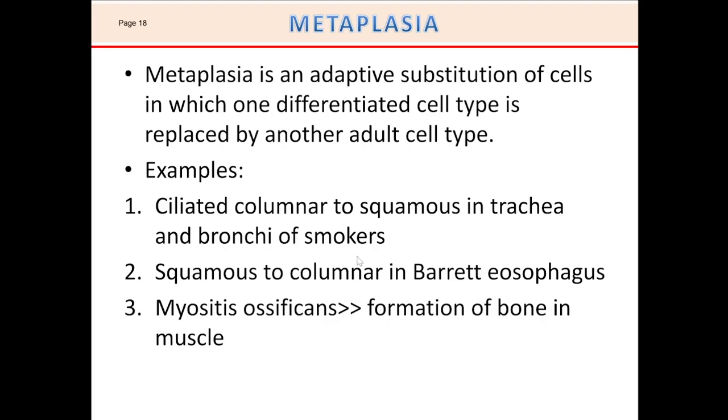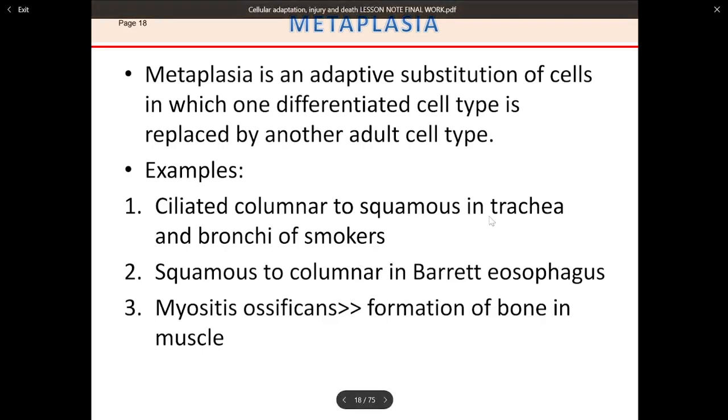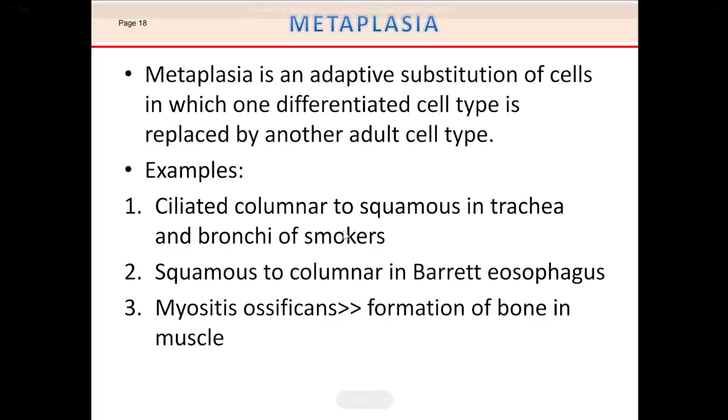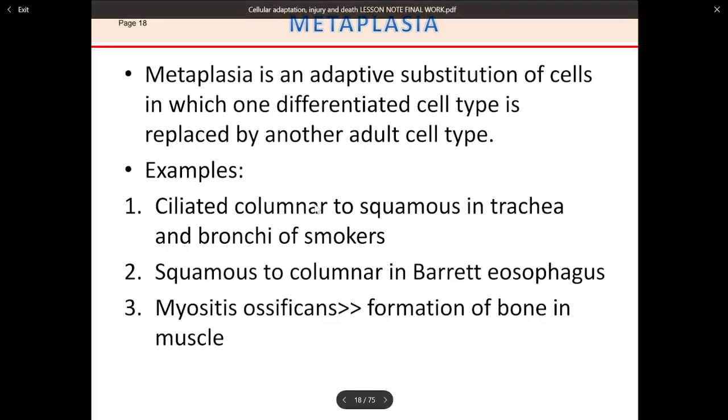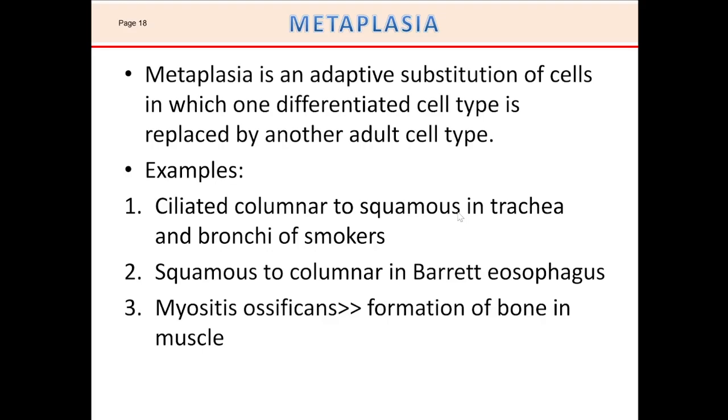The normal epithelial lining of the trachea and bronchi is ciliated columnar, right? But because of repeated or continuous smoking, the ciliated columnar epithelium is replaced by squamous epithelium. That's an example of metaplasia.